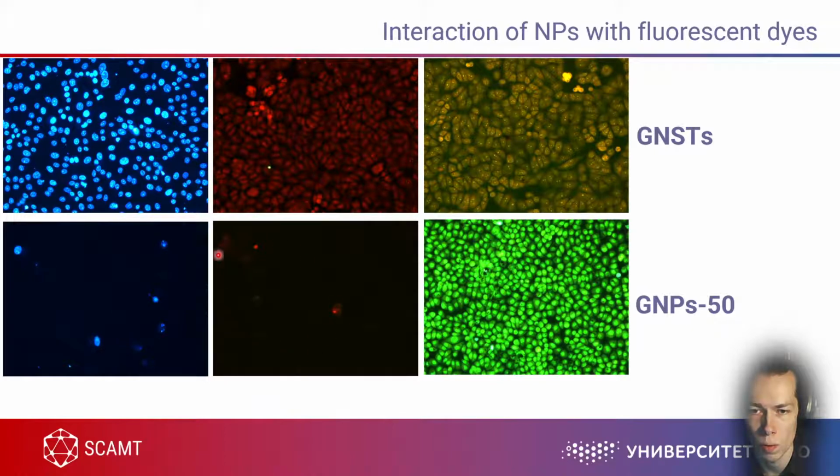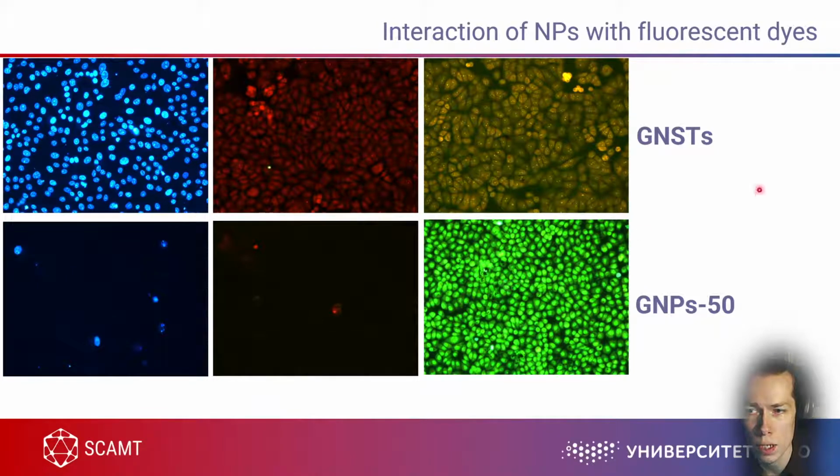With propidium iodide, we also see just a couple of dead cells. Every cell is living, and as you can see, there are small black dots somewhere, and these black dots are gold nanoparticles.